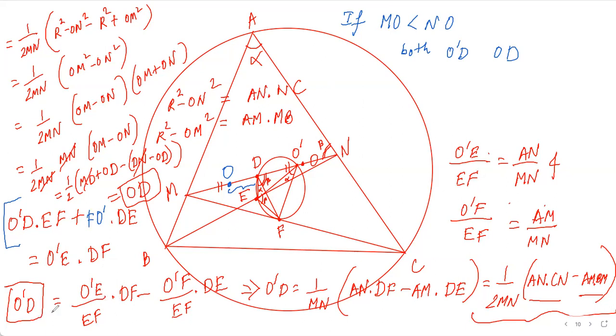Then O'D is equal to, dividing, O'E by EF times DF minus A, okay, let's consider FO' by EF times DE. This implies O'D is, so I'm replacing those DF and DE.